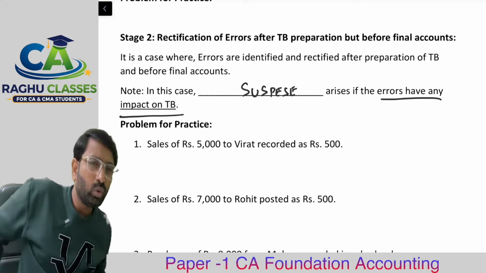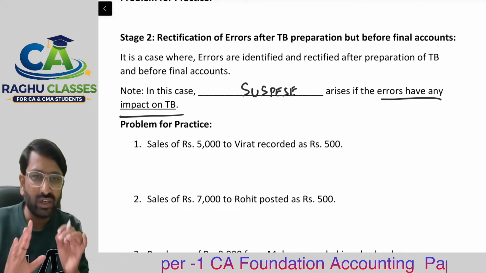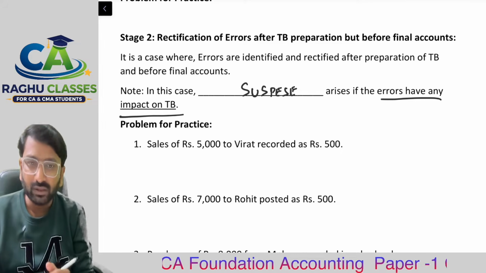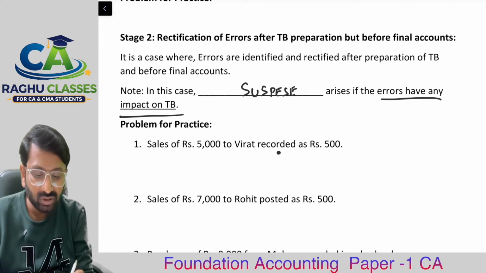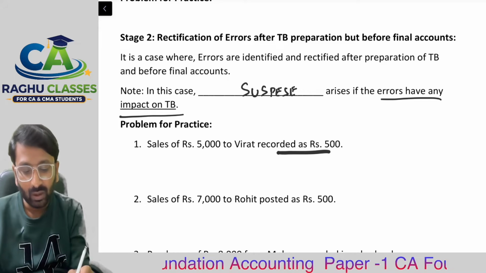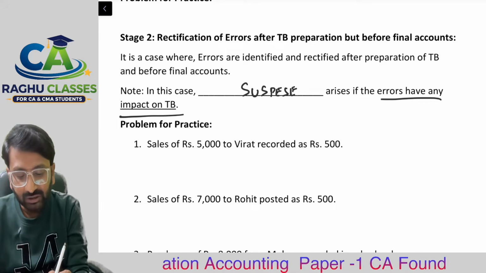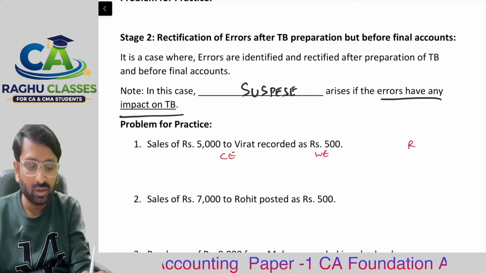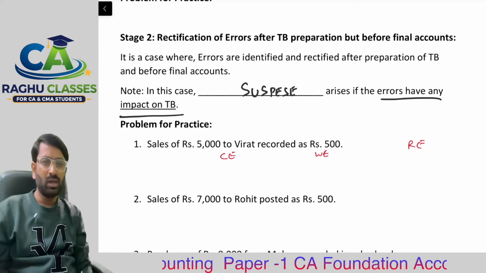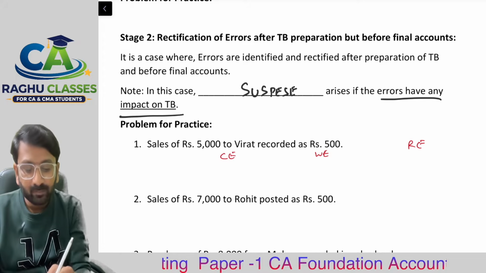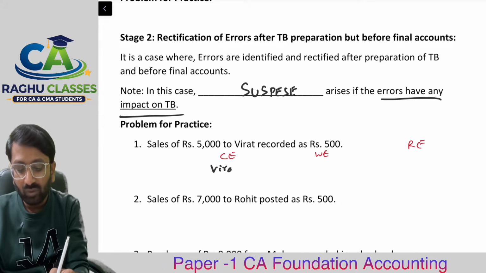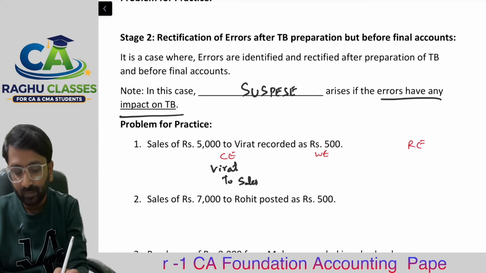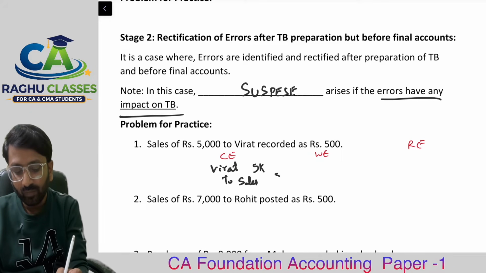Now let us take up a few examples and understand how to rectify errors. Sale of rupees 5,000 to Virat recorded as 500. Now whenever we are doing rectification, we'll divide this into correct entry, wrong entry, rectification entry. Now if you're selling to Virat, the correct entry should have been Virat account debit to sales 5,000 rupees.